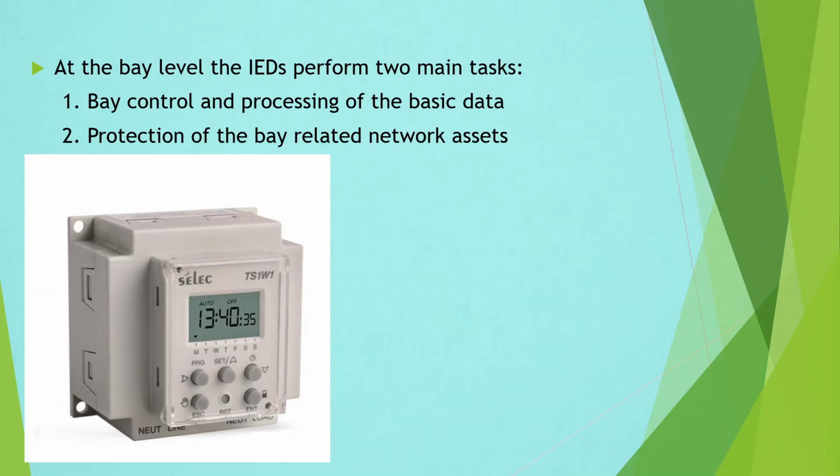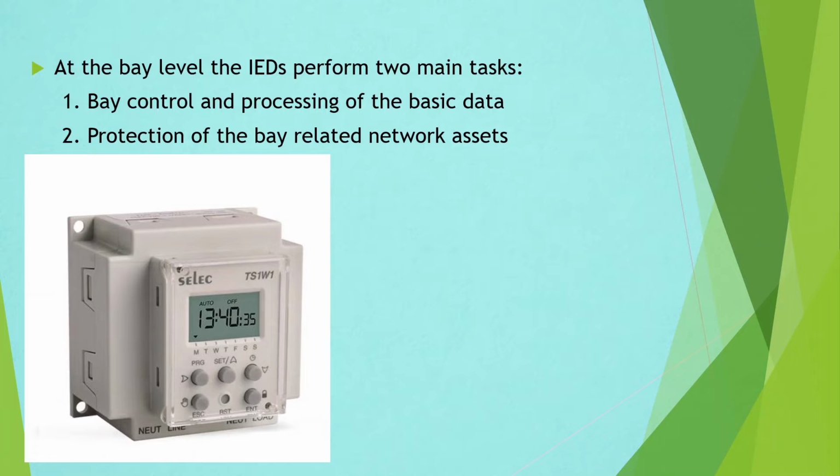Protection of the bay related network assets against stress and damage caused by disturbances and critical state conditions, that is overloading or overvoltages. All signals received from the process are evaluated in the protection and bay control devices.